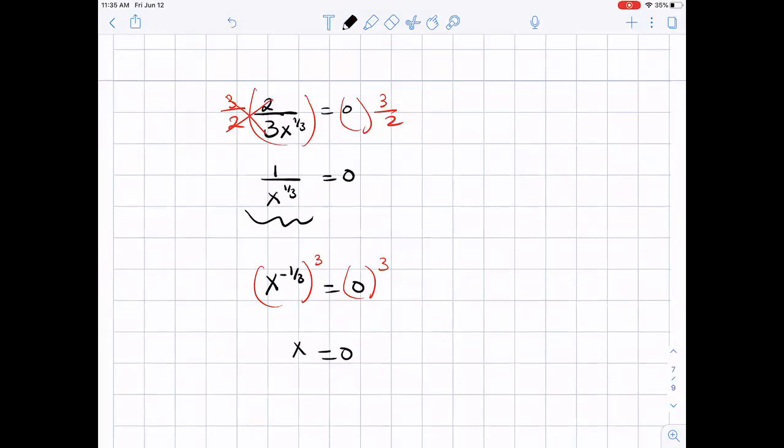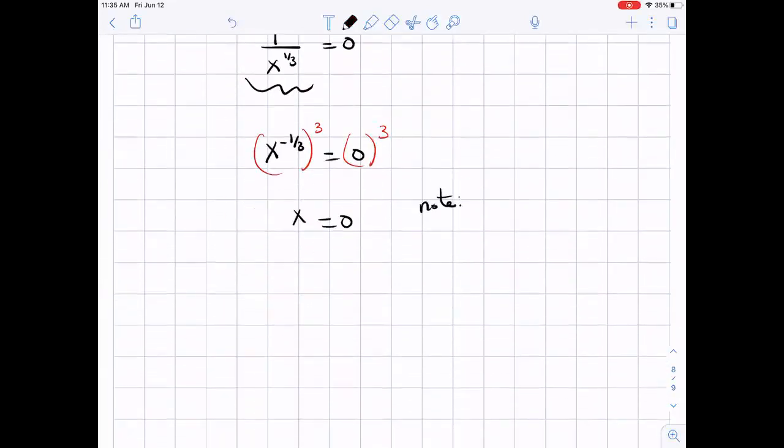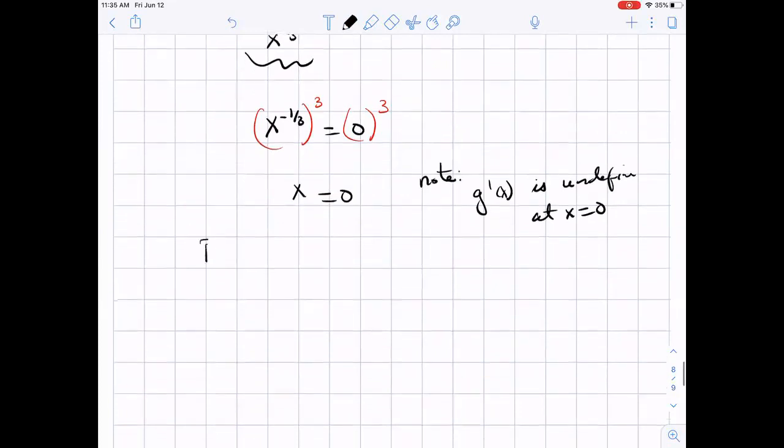But note, g prime of x is undefined at x equals 0. So what are we saying here? The big question is: is x equals 0 a critical number?